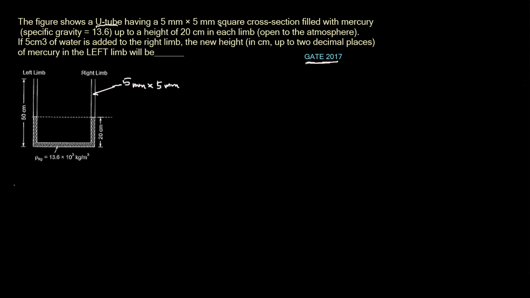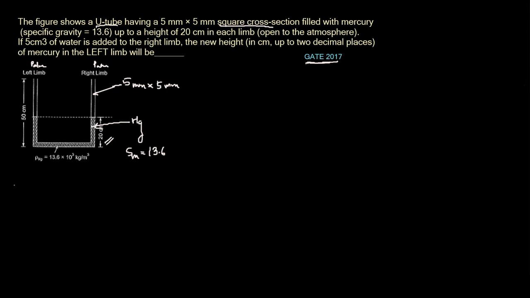Initially it is filled with mercury, and the specific gravity of mercury is given as 13.6. So the mercury is filled up to a height of 20 centimeter as given here, and it is open to atmosphere. So here it is atmospheric pressure, and here also atmospheric pressure is acting at this point.